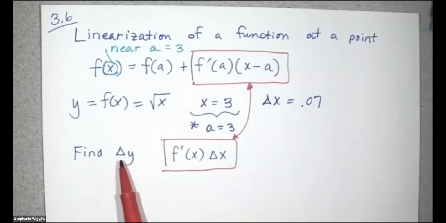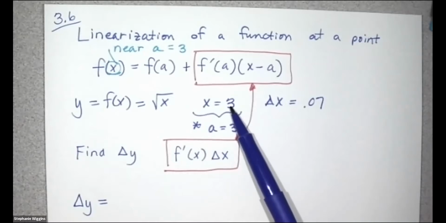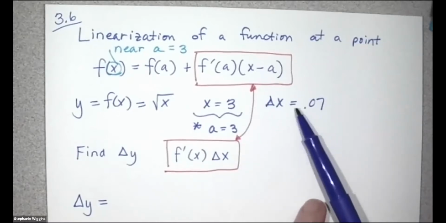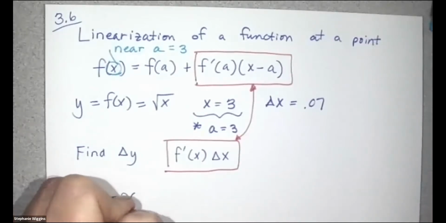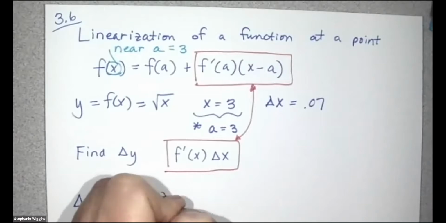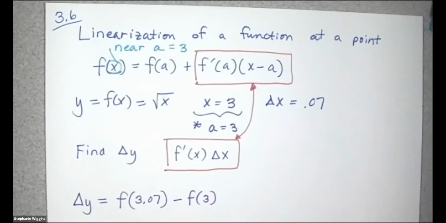And the change in y is the actual change. So the change in y is going to be your value at the two x values. So here we have 3, and the change in x is 0.07. So it's going to be f of 3.07 minus f of 3. This is the actual change in y.